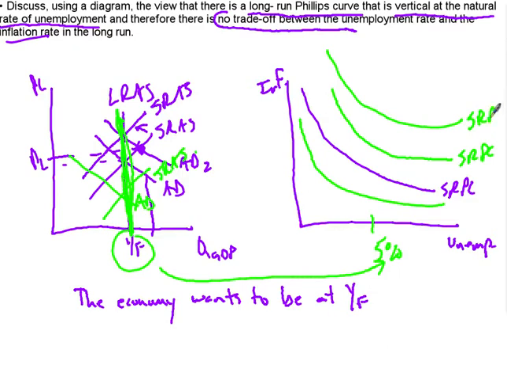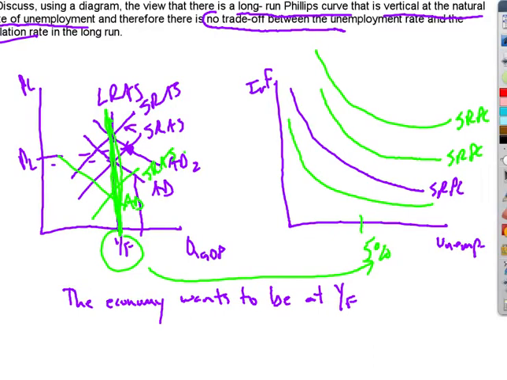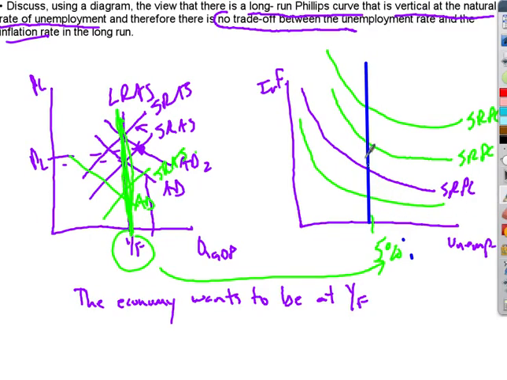Okay, but if this is our 5%, which matches up with our natural rate, then these shifts, however they go, and they can go a lot of different ways, bouncing back and forth, we know that the natural rate of unemployment is always going to hover around this number, this 5%.